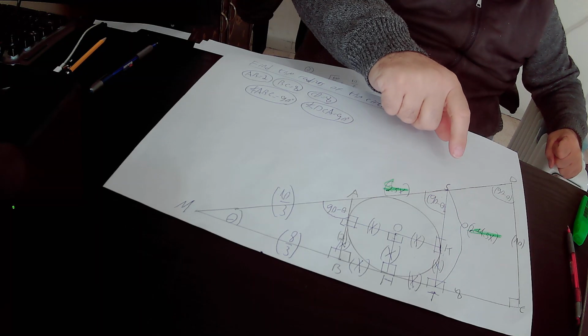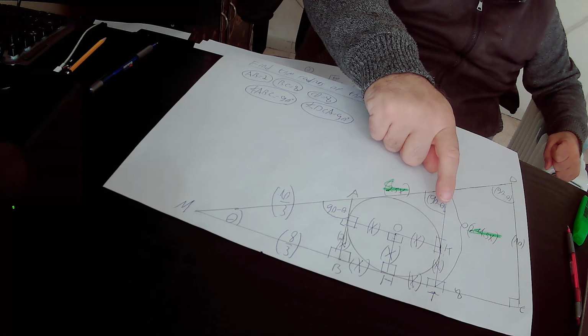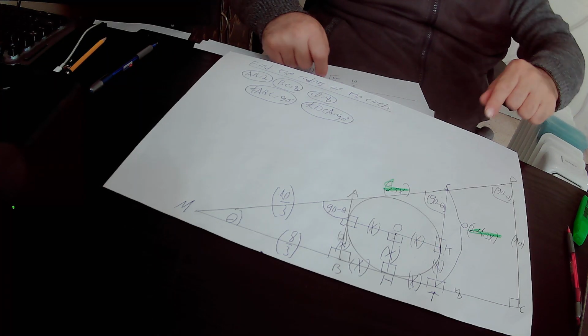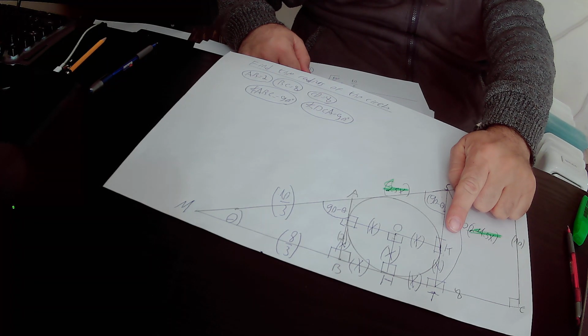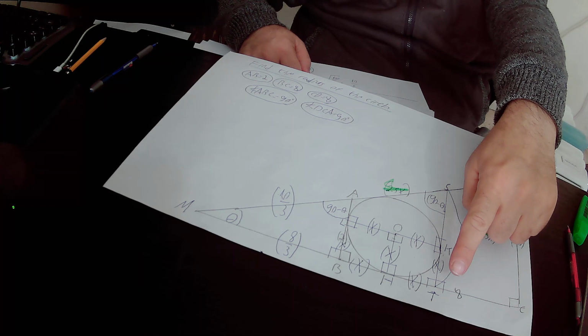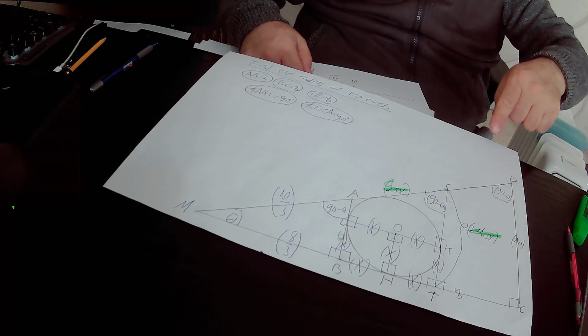We define the touching point of the perpendicular and side BC as T, and we define the point of tangency of the perpendicular with this circle as K. Then we extended the perpendicular TK by a straight line until it touches side AD.